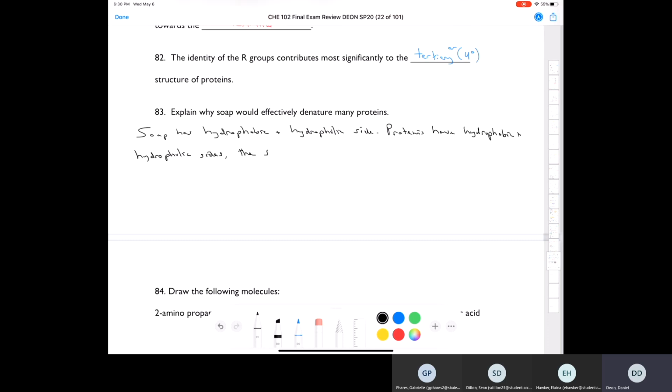The soap is attracted to these, and I'll just make it simple, and forces the protein apart. You could probably come up with a longer explanation, which might have a little bit better detail in it, but this will suffice for now.